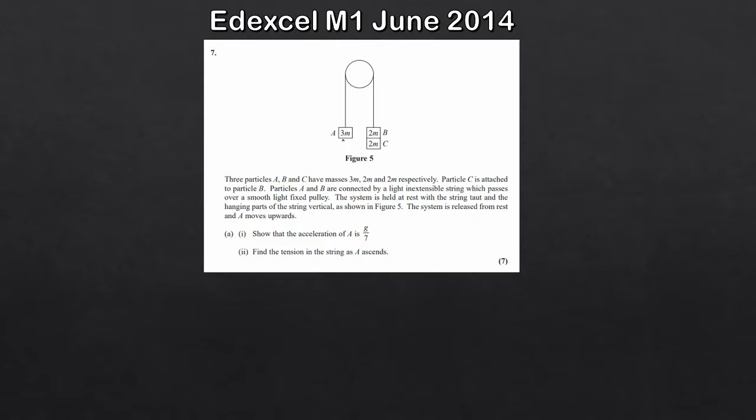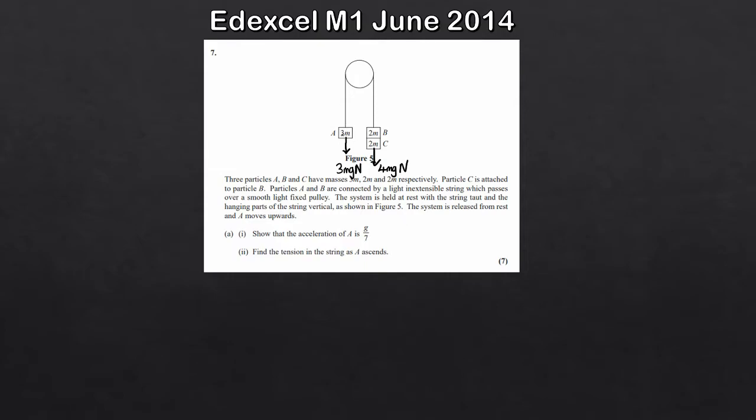So let's jot down the weights. This one here has a mass of 3m, so this will be 3mg newtons. Here, 2 plus 2 is 4, so I've got 4mg newtons there.